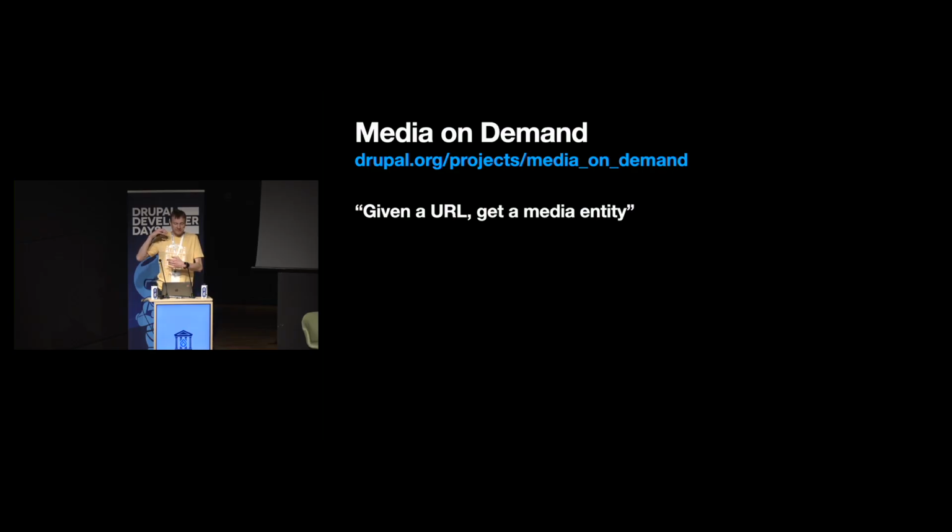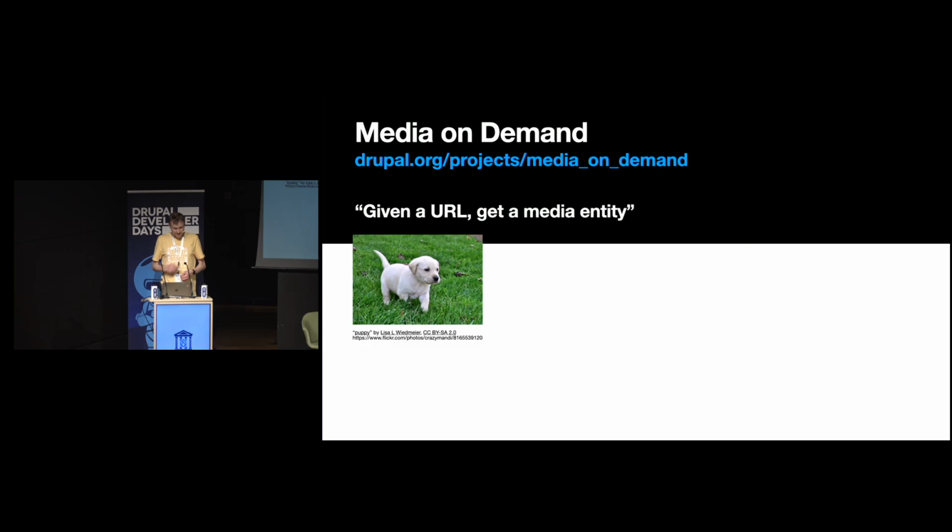We can now say, right, take that URL, we now have a media entity ID for whatever data we're saving. And we wanted to wrap that up into a single function, which you could use in whatever you're using.